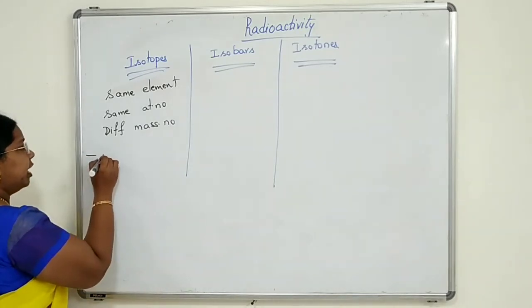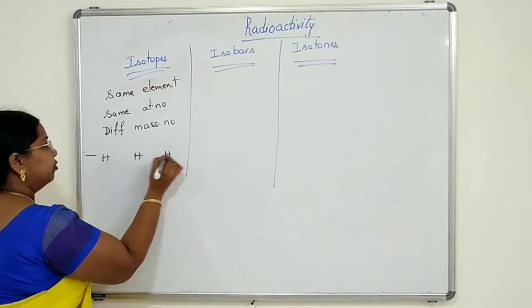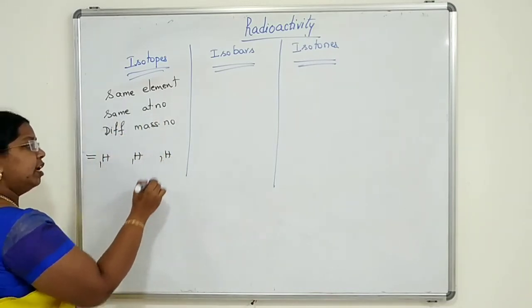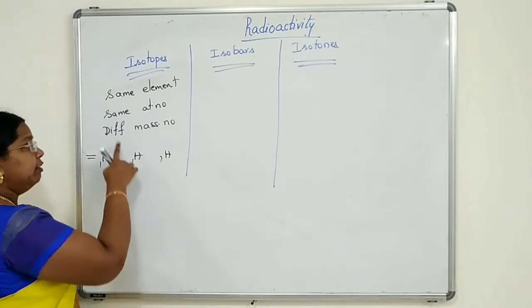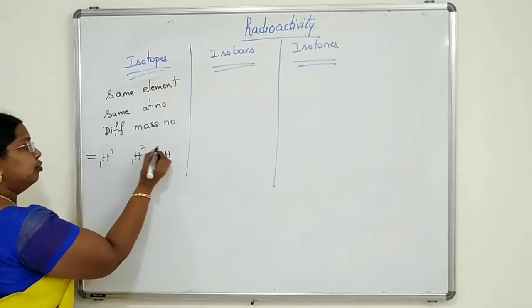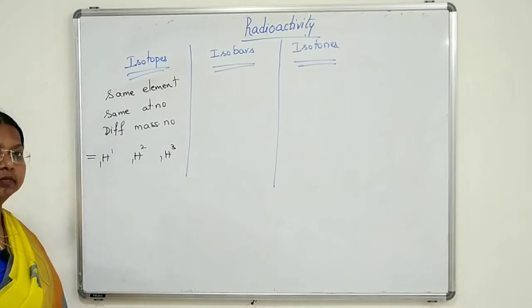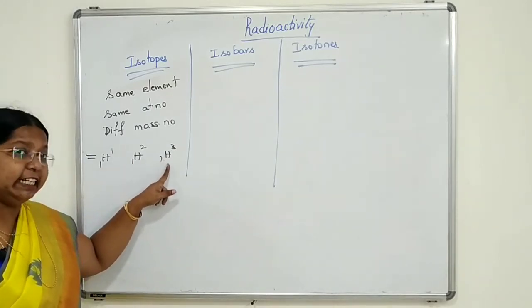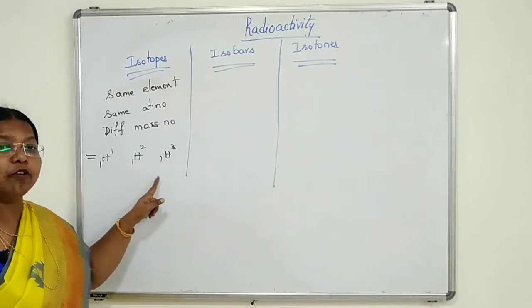Same element, hydrogen and hydrogen. Same atomic number, hydrogen has atomic number 1. Different mass number, 1, 2, 3. Protium, deuterium, tritium, isotopes of hydrogen.